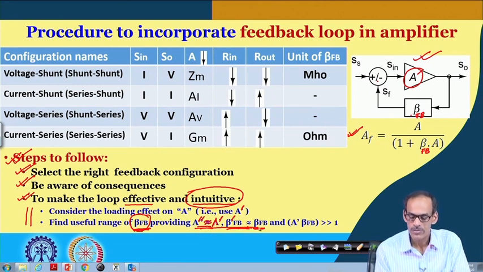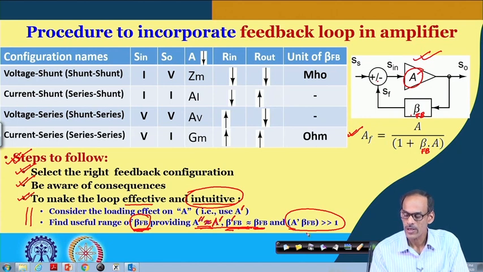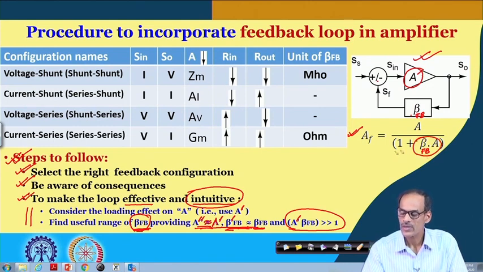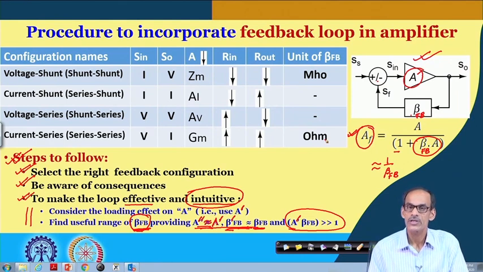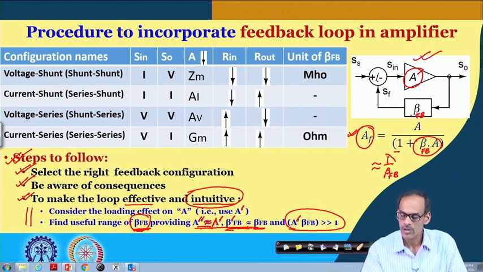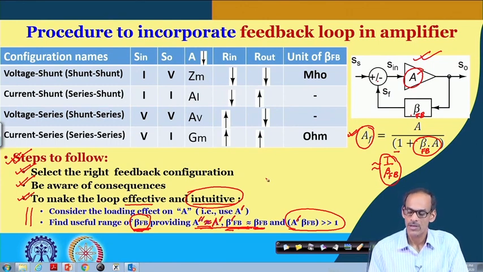Apart from these two approximations, we also need beta into A, or A dash into beta f b, to be much higher than 1, and then only can we say that this is approximately 1 by beta f b, and then only can you say that the feedback system characteristic is solely or predominantly defined by the feedback network's parameters.